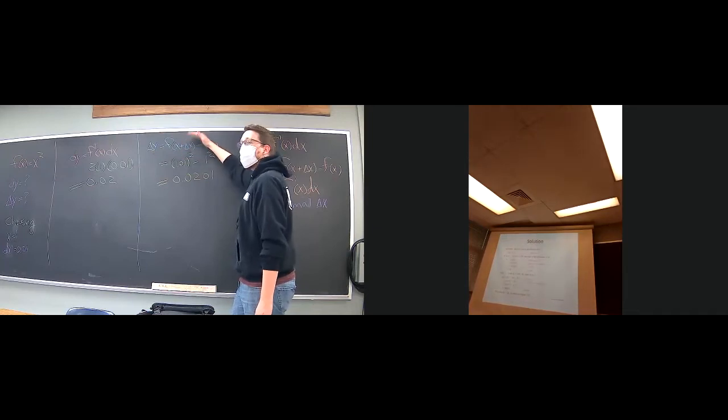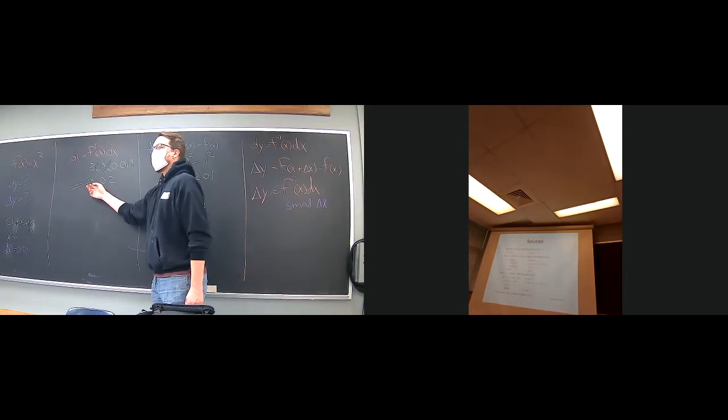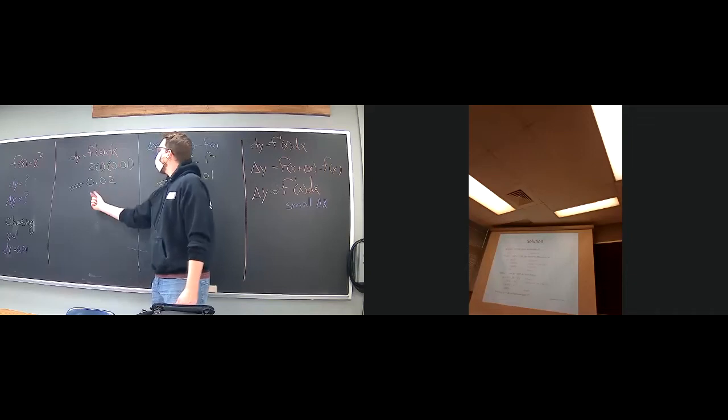So this is the actual change, delta y. This is approximating it, saying, well, for small enough dx's, or delta x's, it's about 0.02. And if we were to choose smaller and smaller delta x's, we would get more and more accurate measurements here. Make sense what I mean?